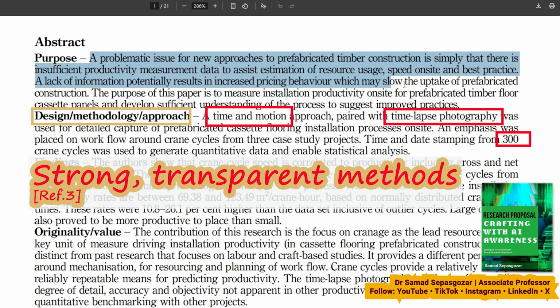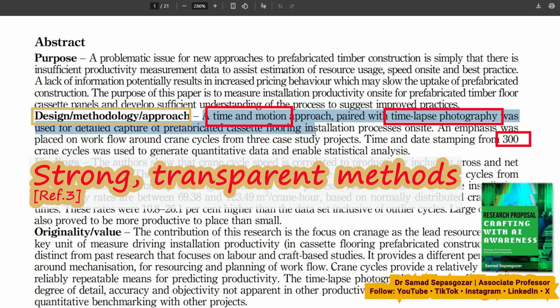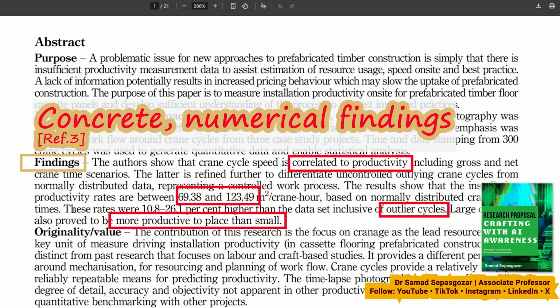Data slows adoption. The second point about this abstract is it's a strong, transparent method. The time motion analysis or time lapse photography used, and 300 crane cycles are mentioned here. So this is very clear and specific to readers. And the third point is concrete numerical findings.